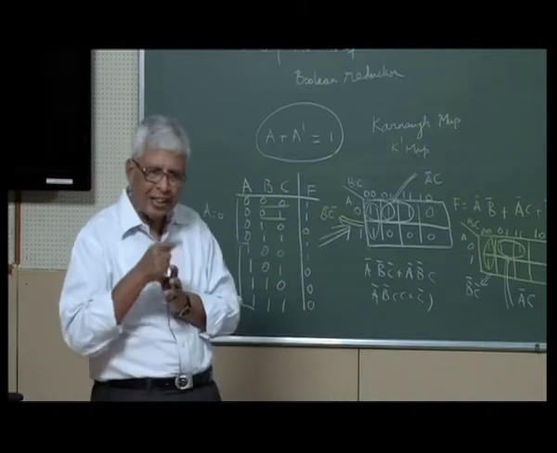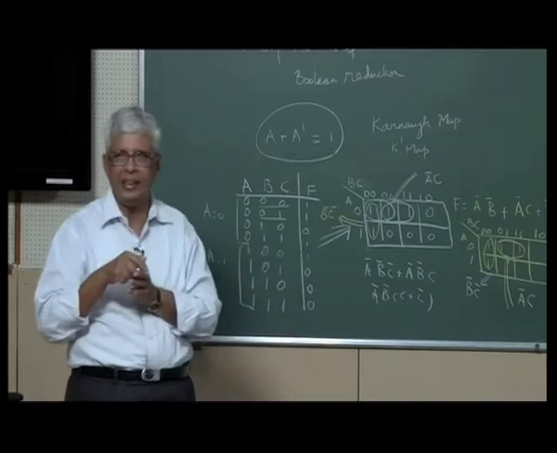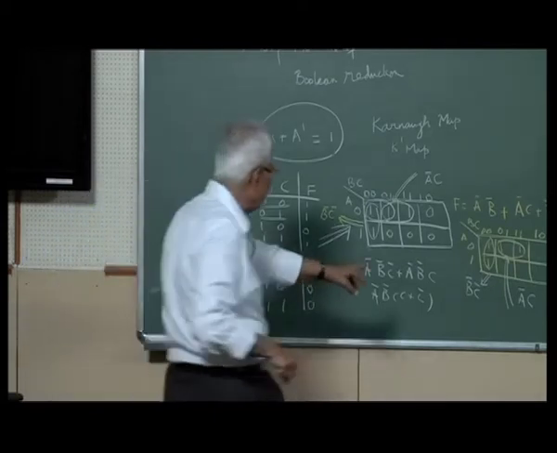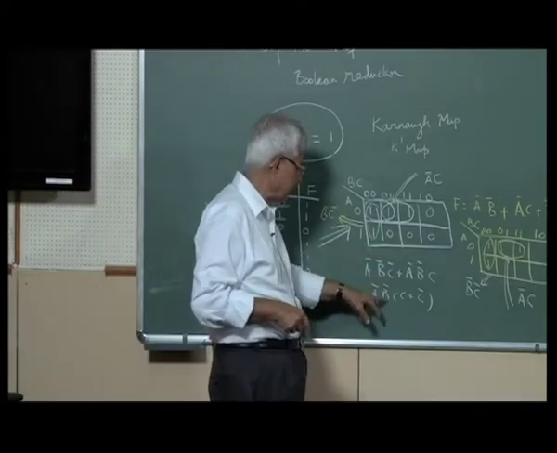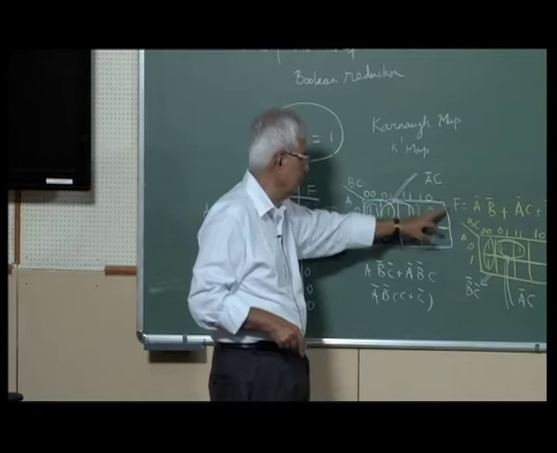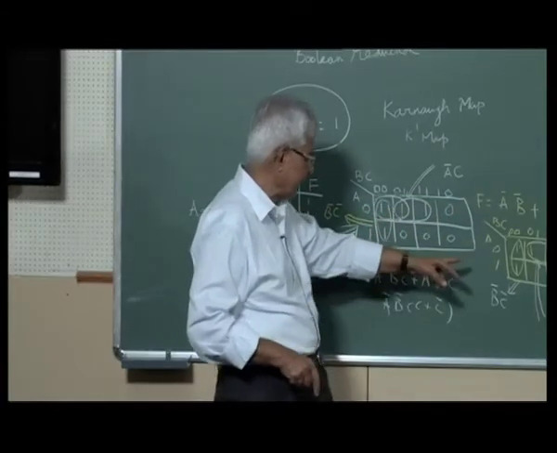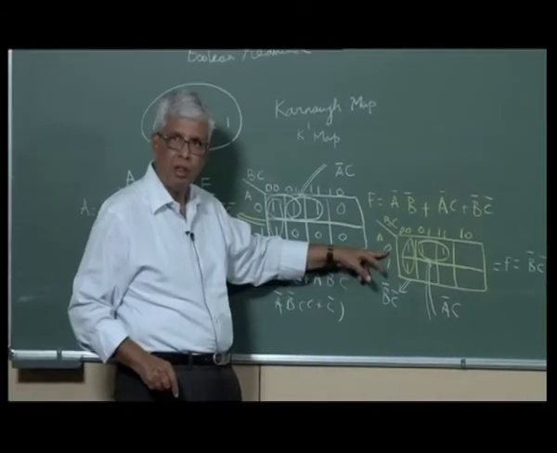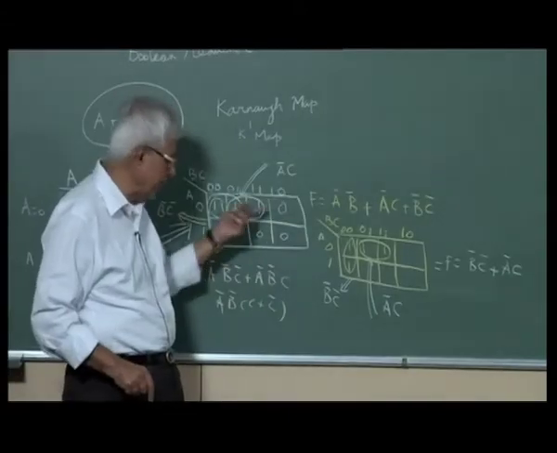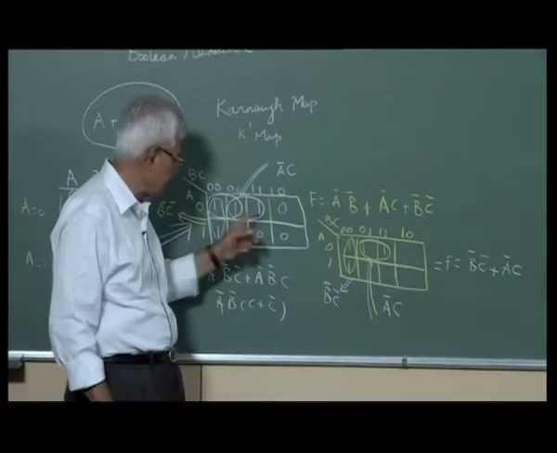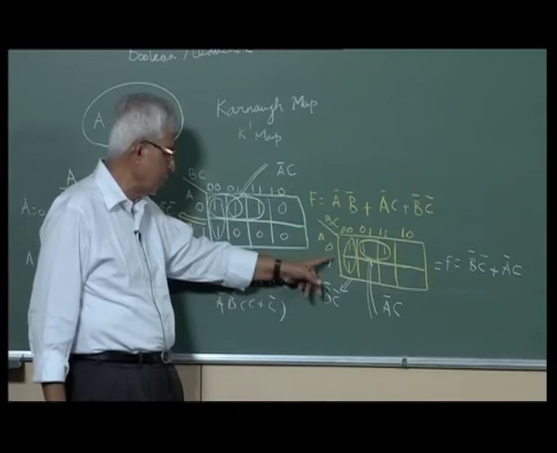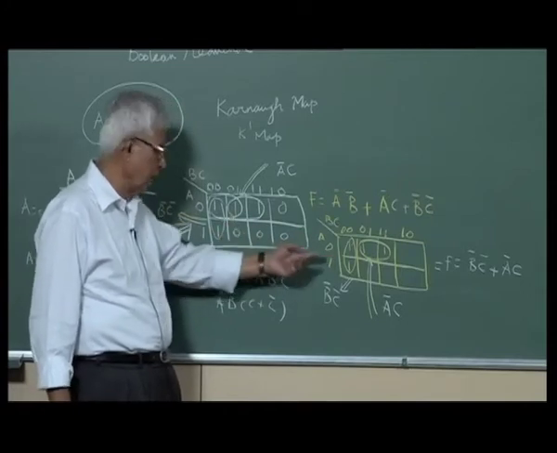But if you unnecessarily keep on covering a one repeatedly like this, it will increase the number of terms. We do not want that. In this case I could have done it easily this way. I did not want to do it in the beginning, I wanted to show you this way and then this way. Now this is the same as this. Here I have only two terms, here I have three terms. So naturally this is more efficient.